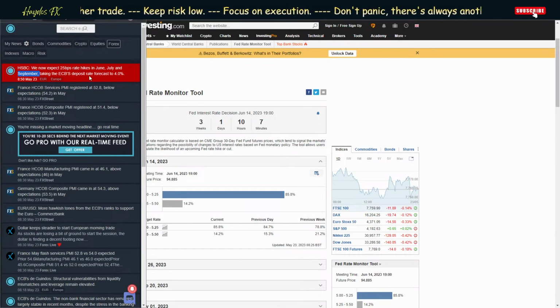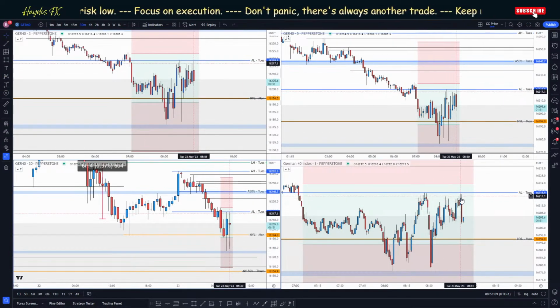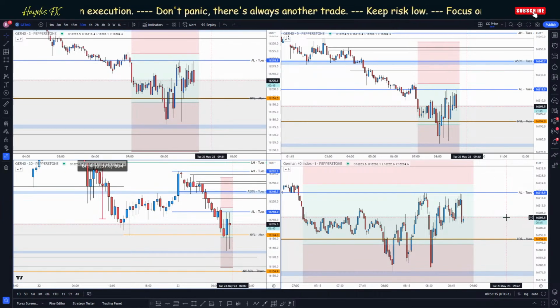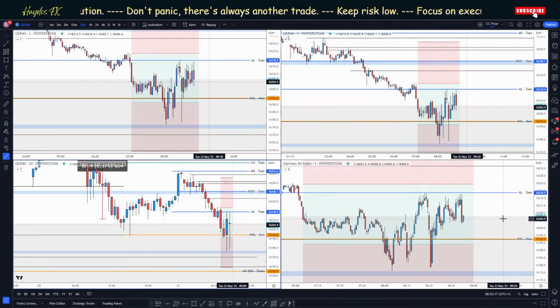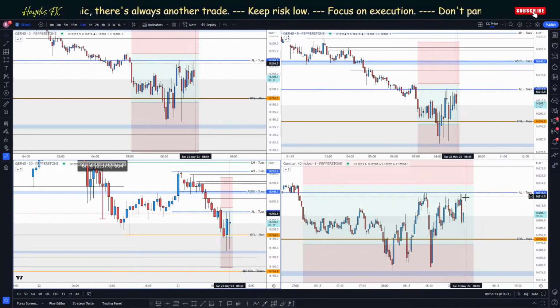If this news digests, what do you think this is going to mean? Which direction? Sell off. Bearish indices.